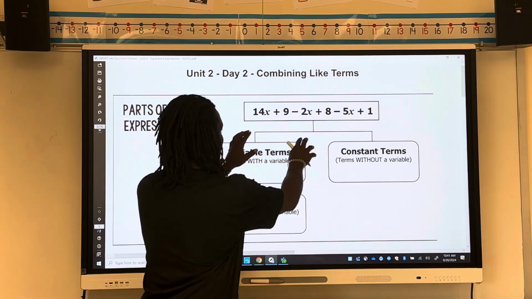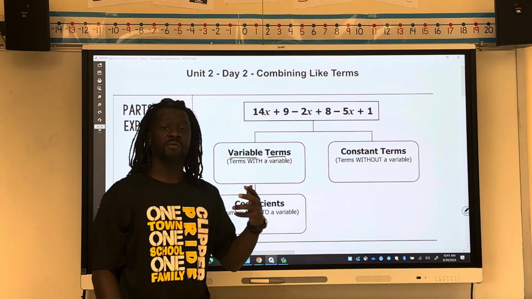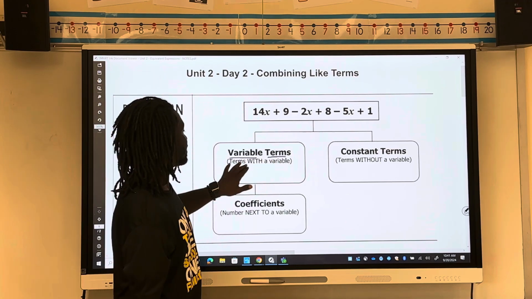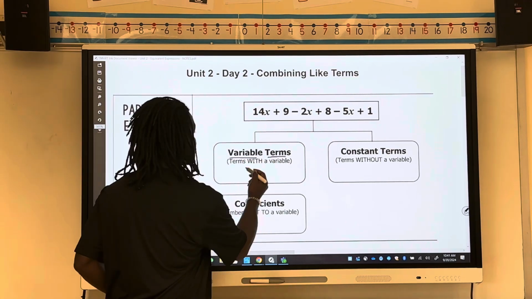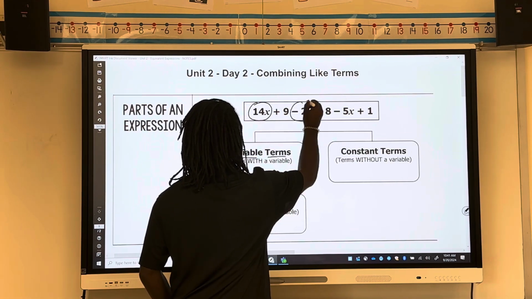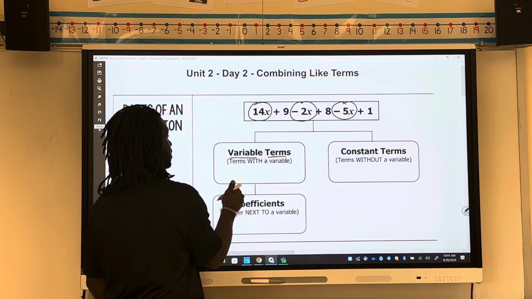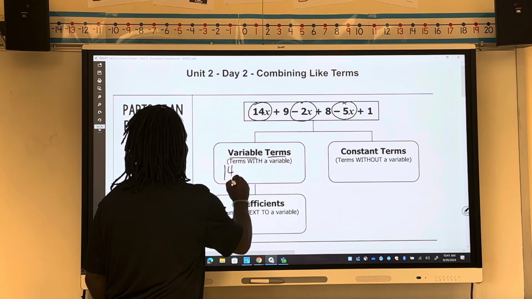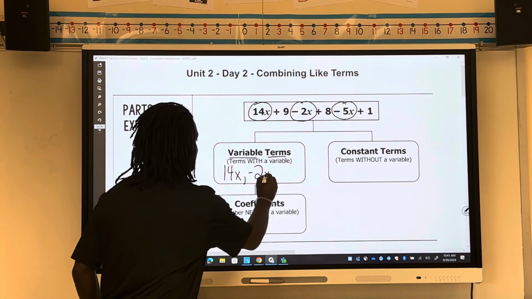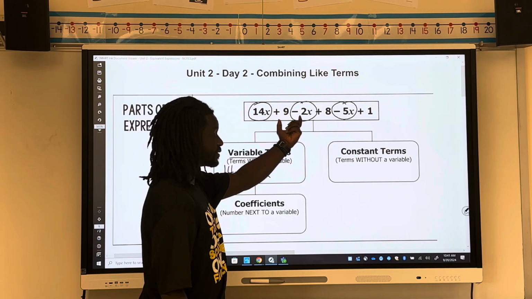Here we have two types of terms. We have variable terms, which are the terms that have a variable, a letter, with them. I'm going to circle all of my variable terms. My variable terms are 14x, negative 2x, and I included the negative sign, the subtraction sign, that is in front of it.